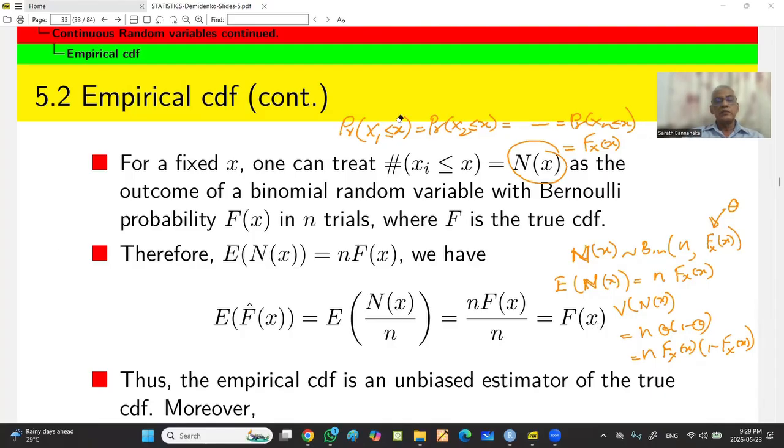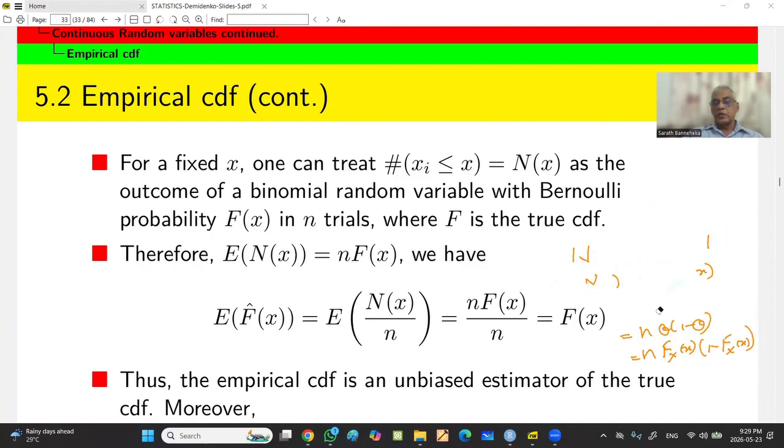So what does it tell you? The expected value of the empirical distribution function F hat x is equal to F(x).